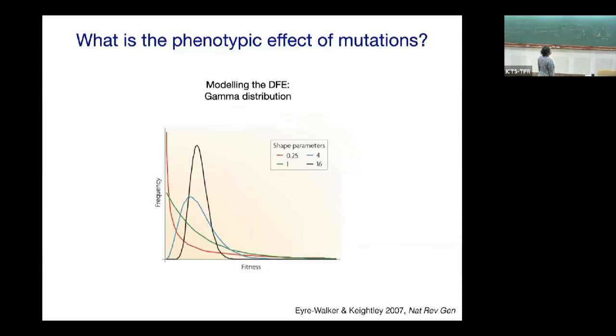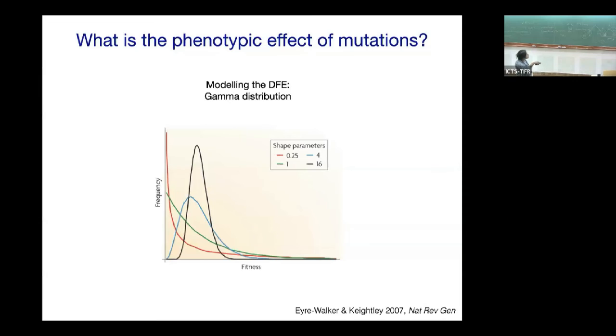So, okay, how do you model the DFE? This is again of interest to a lot of models in population genetics. So this paper I've put up in Slack, you should read it if you're interested in this more. The general idea is you want to get some idea of what the shape of this DFE looks like, because then you can make the maths simpler, easier, more workable, right? And so people have, for example, used a gamma distribution whose shape you can change using these parameters to have these different values.